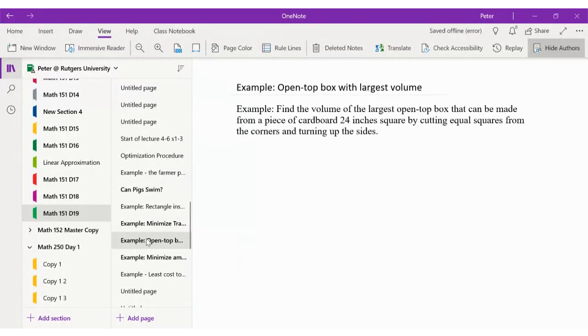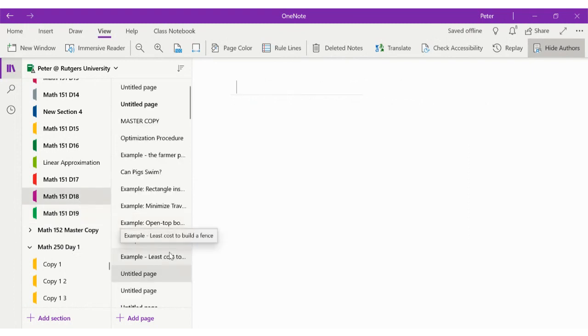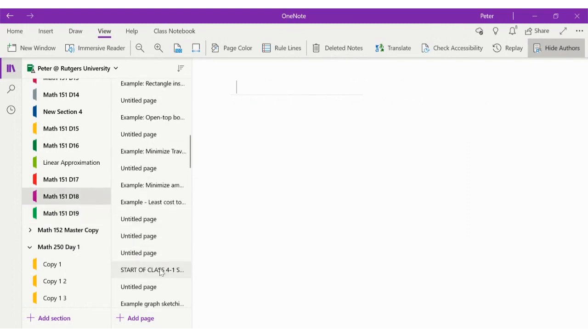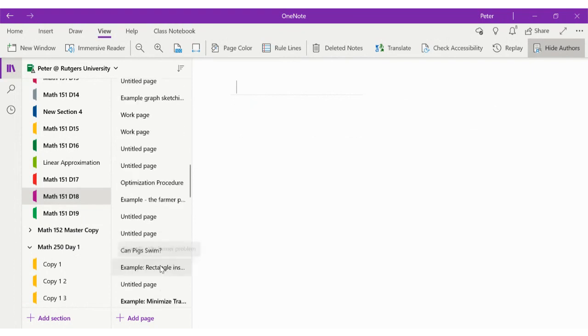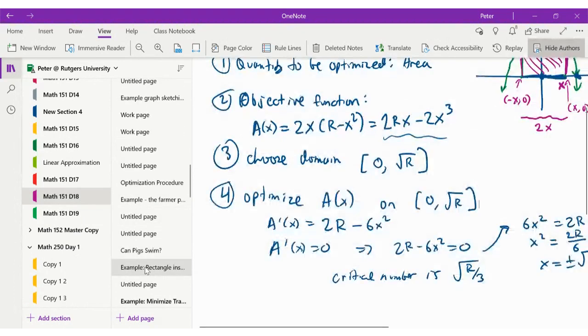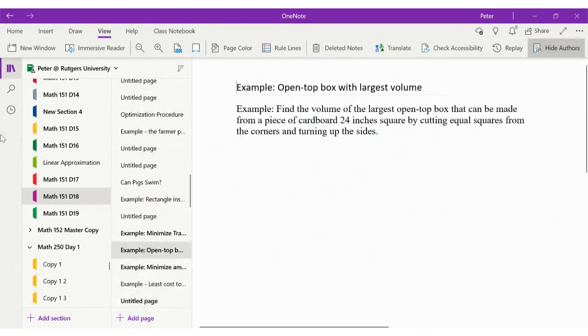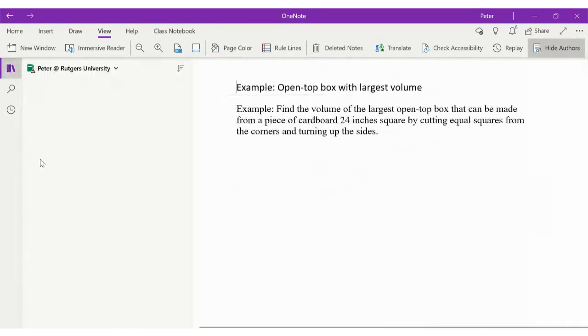Can someone remind me? Because I think I did them differently in two classes. Rectangle. Okay. Hold on just a second. I just want to check for sure. Rectangle. Okay. So let's do the open top box.